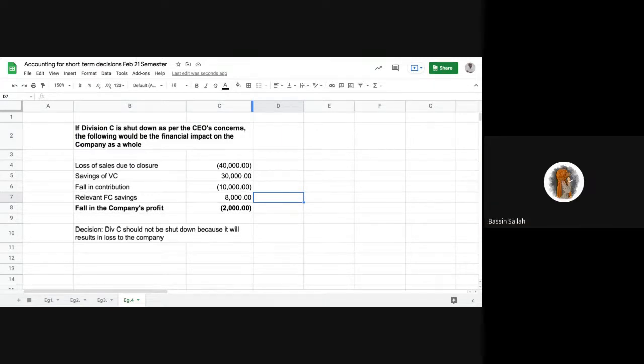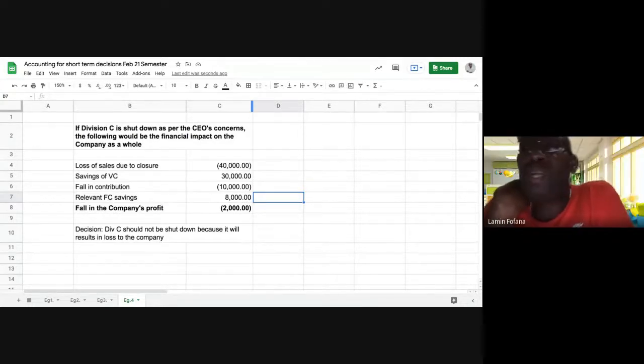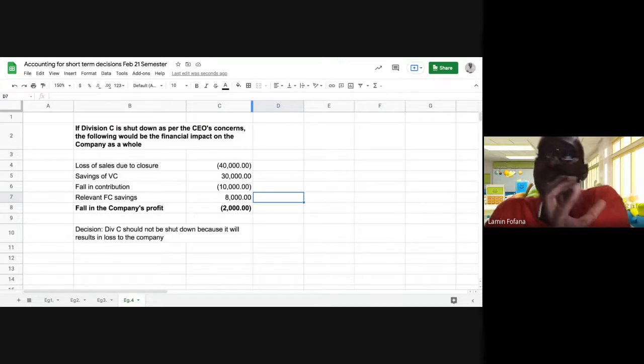Is it that if we have any loss of profit, we should shut down, or? Yeah. What we do in a shutdown decision is we look at the effects of the shutdown on the company as a whole. So if the effects of the shutdown on the company as a whole is negative, then we don't go ahead with the shutdown. If it is positive, then we go ahead with the shutdown.